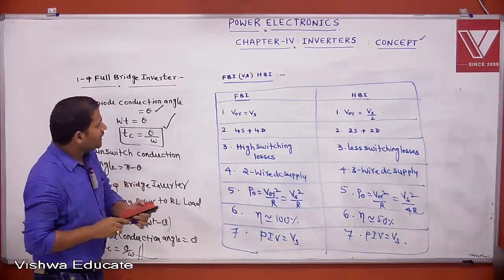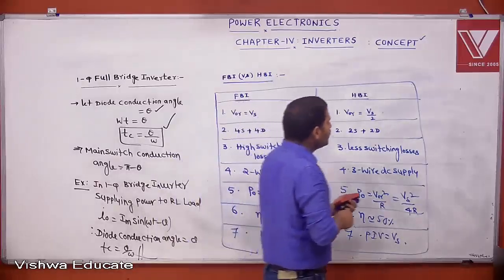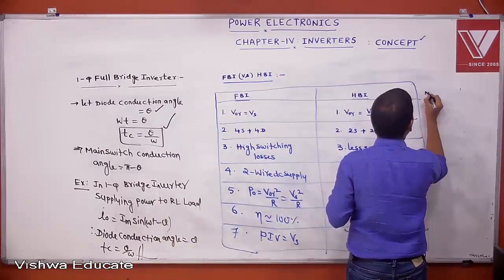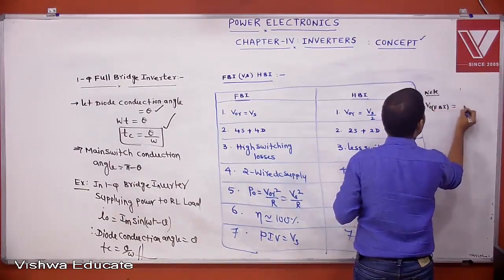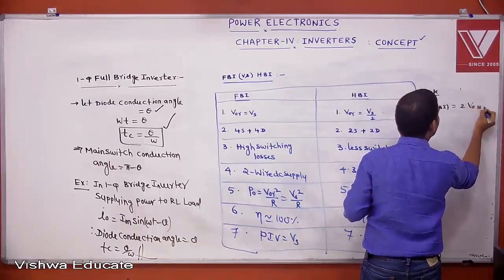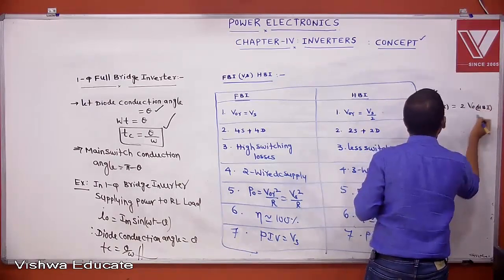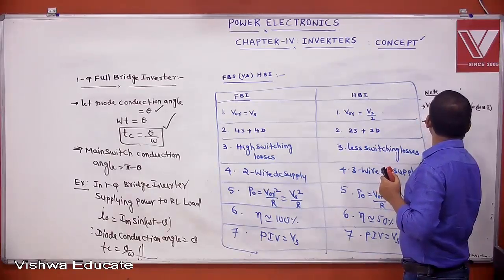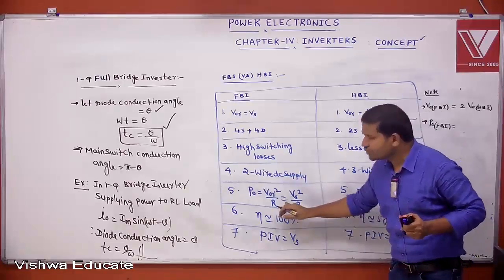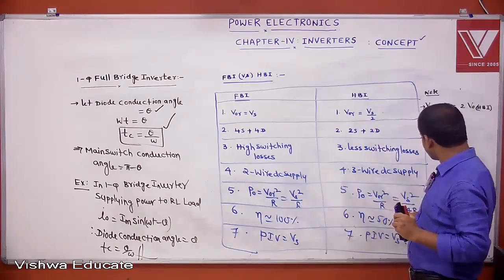One observation: the output voltage of the full bridge inverter is 2 times the output voltage of the half bridge inverter. That is one observation. Now the power output: for the full bridge it is Vs square by R, but for the half bridge it is Vs square by 4R.